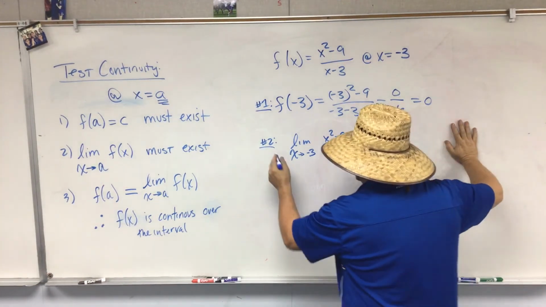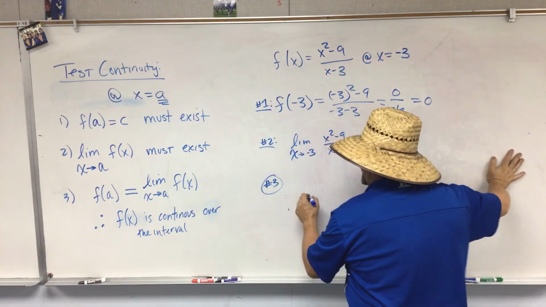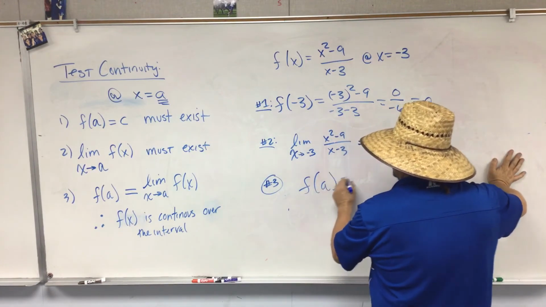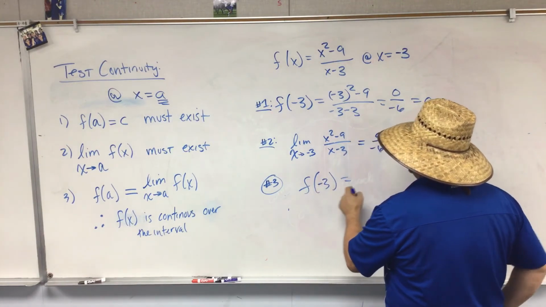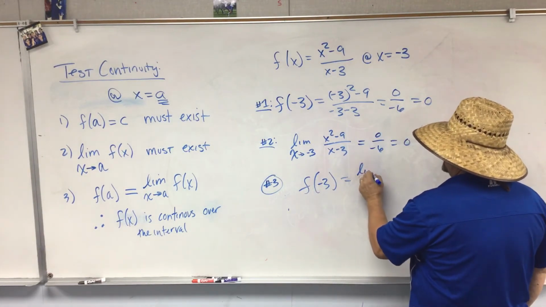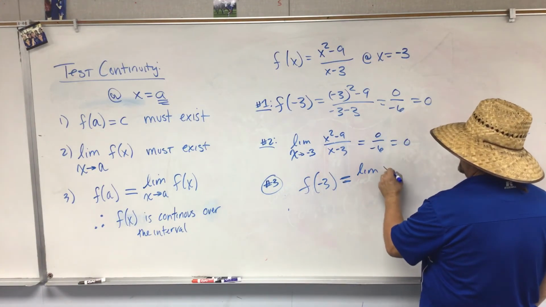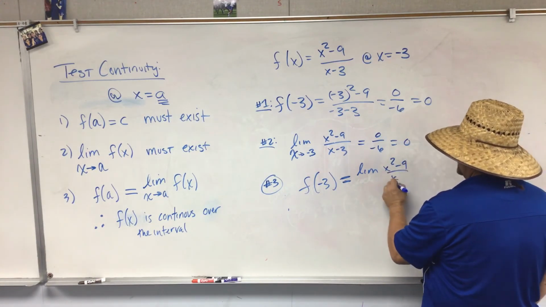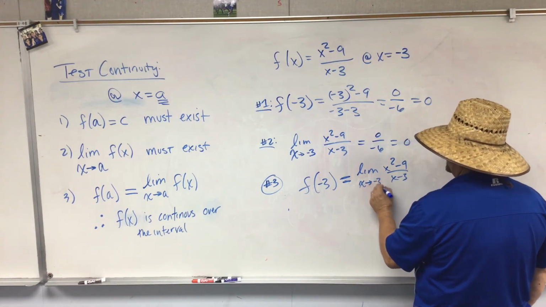So then my question is, does f of -3 equal the limit of x squared minus 9 over x minus 3 as x approaches -3?